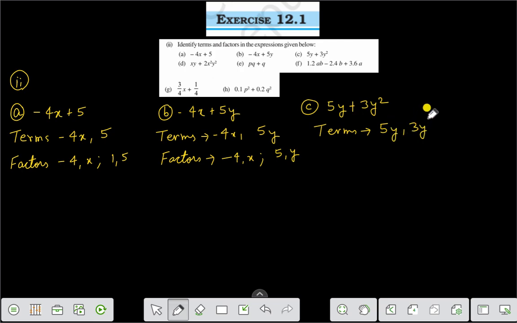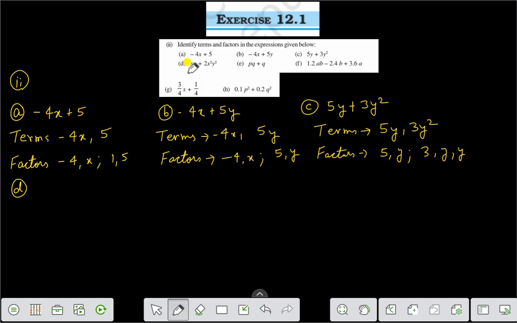If you find the factors, then the factors of 5y are 5 and y, and for 3y square the factors are 3, y and y.